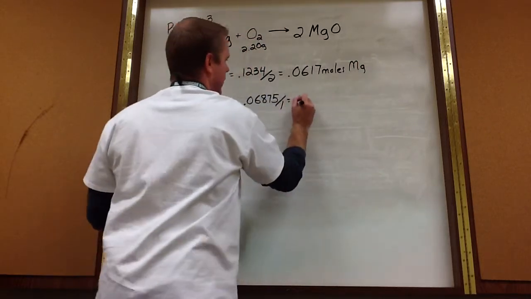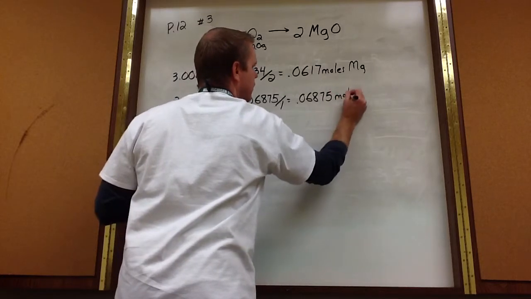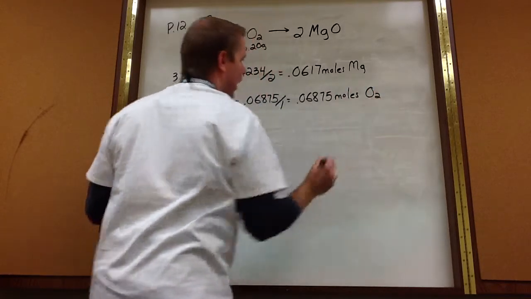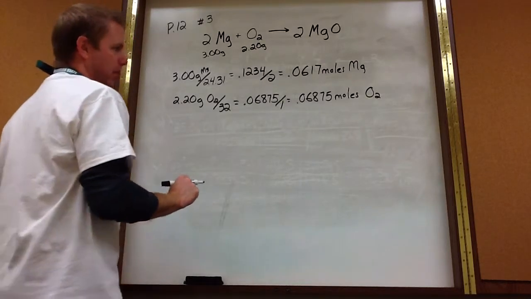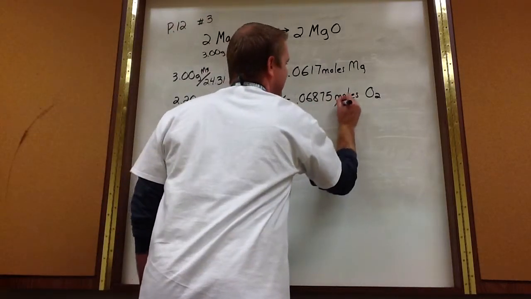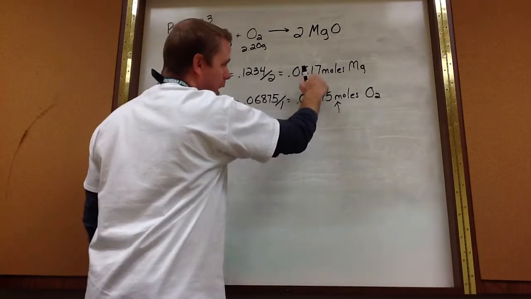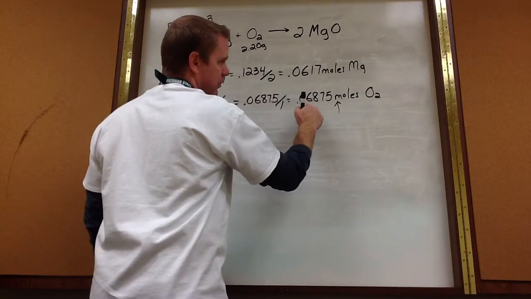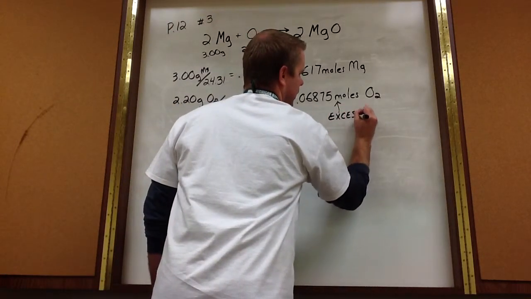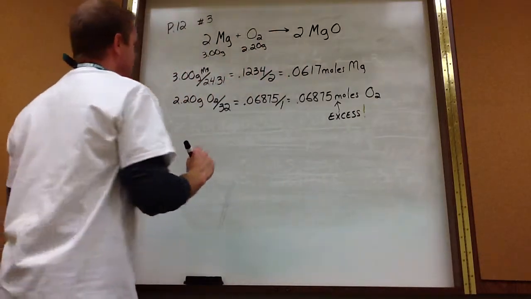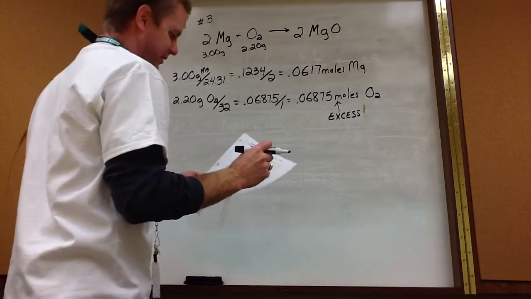When we do this, we get 0.06875 moles of O2. Uh-oh. If you would have forgotten to do this, you would have gotten the problem wrong, because the excess is the bigger number now, right? We're going to run out of that one first, because 0.061 will run out before 0.068. It's not by a lot, but your excess is that one.